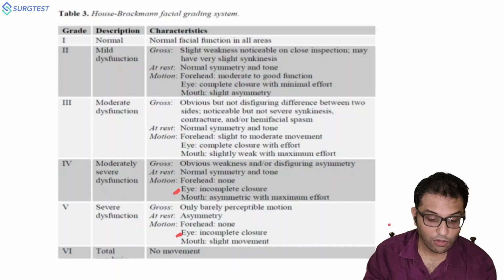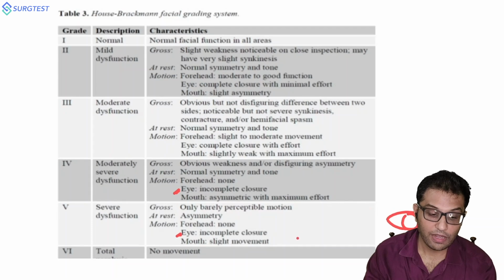In grade 5 eye closure, there will be Bell's phenomenon. What is Bell's phenomenon? When the patient tries to close his eyes, there is uprolling of the cornea. You can see that when the patient tries to close his eyes, there is Bell's phenomenon, which is a protective phenomenon, where the cornea goes and hides above.